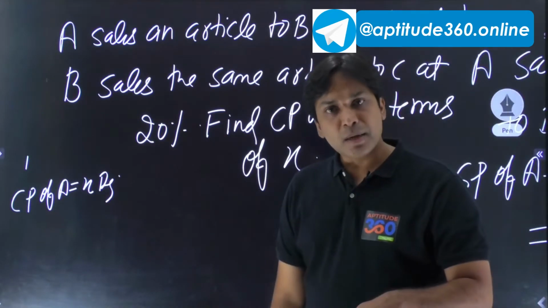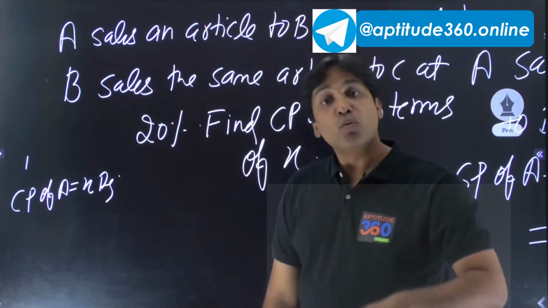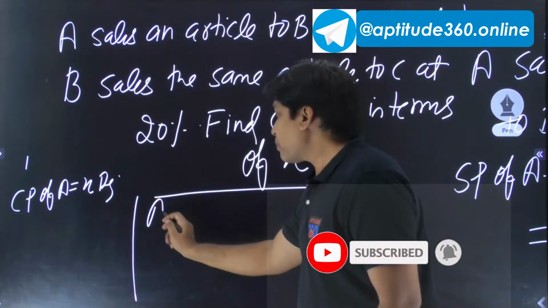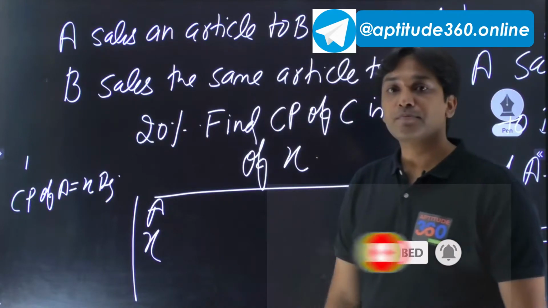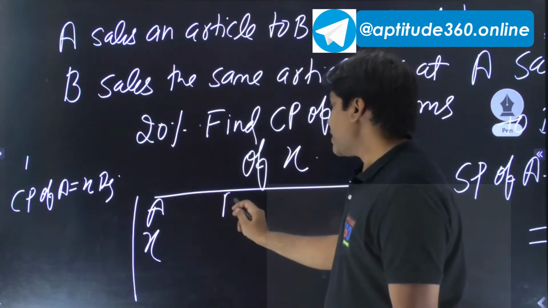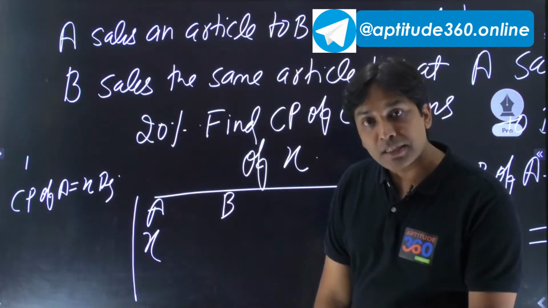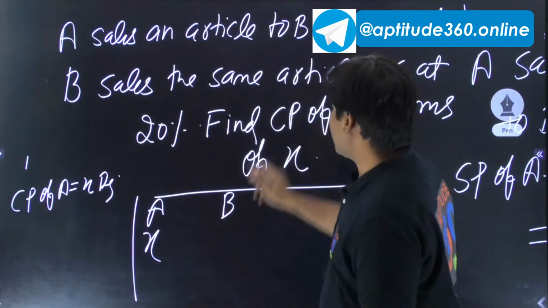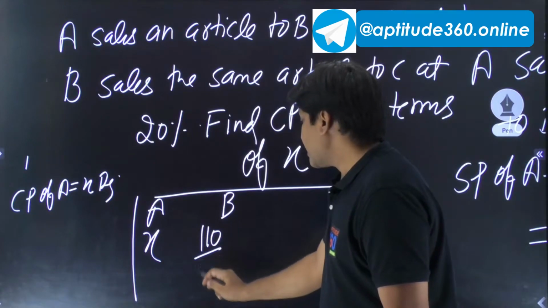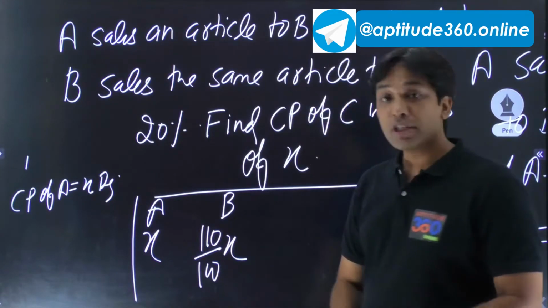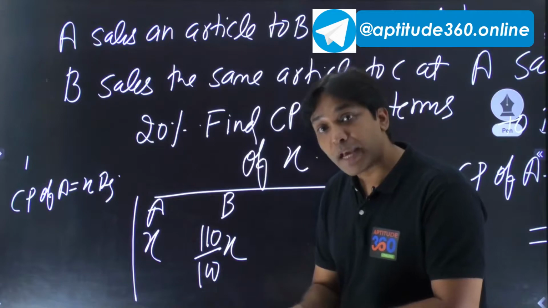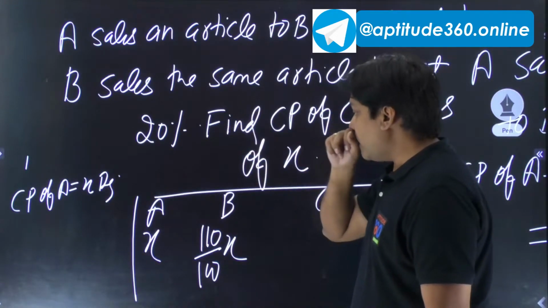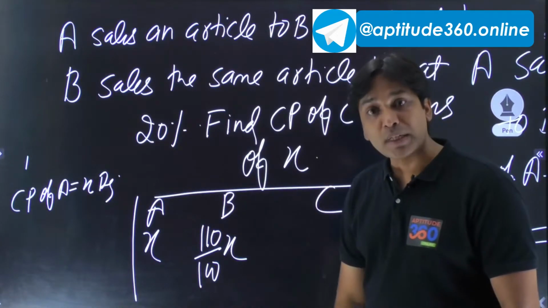If you simplify step by step, certainly you will get the answer. But what is my method? If the cost price of A is X, what is going to be the selling price of A? The selling price of A is equal to the cost price of B, which is nothing but 110 divided by 100 X. So this is the cost price of B. Now B is selling at 20% profit.